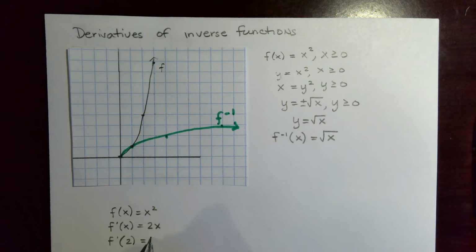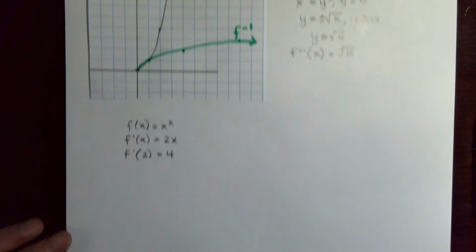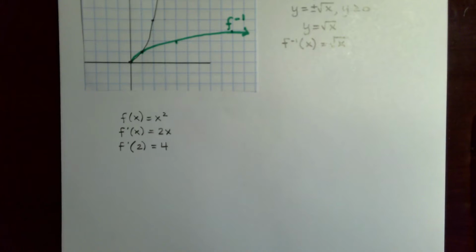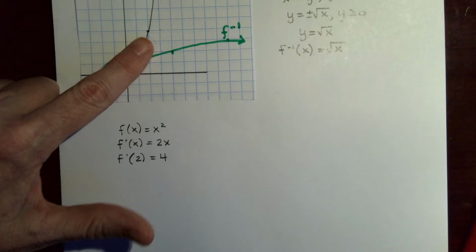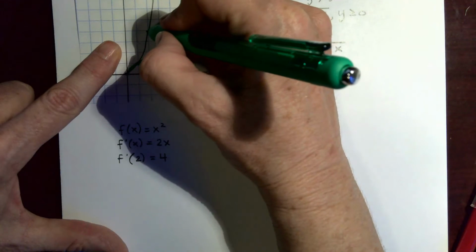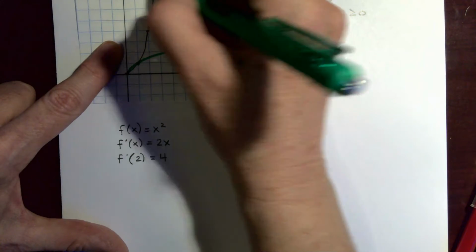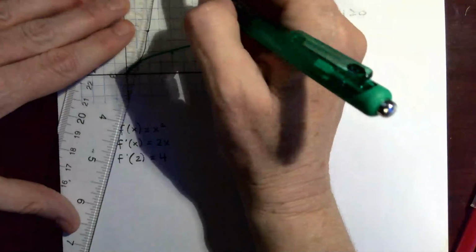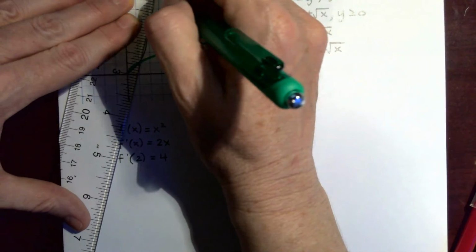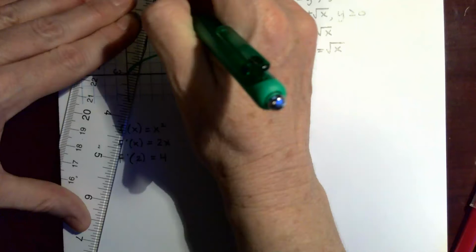Well, I plug in 2 and I'm going to get 4. So the derivative, or the slope of the tangent line right here, is 4. The derivative right there looks kind of like that.